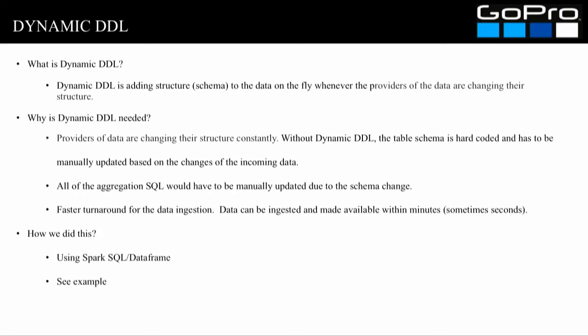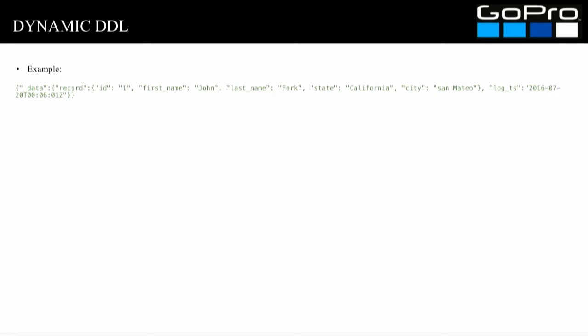That actually solved the problem of data providers changing their data structure, because we always used a fixed schema. But that introduced another problem: our data scientists and analysts had to write some big chunks of SQL to pivot the data. In the next slide, you will get a good understanding of what the fixed schema is and what the dynamic DDL is.